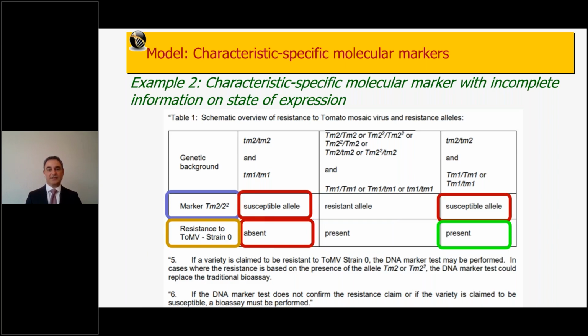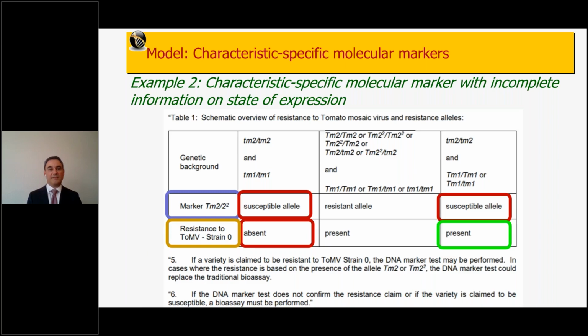Whereas in different situations where the marker is not found, the allele found is the susceptible allele, there could be resistance based on another gene, on another mechanism, as well as there could be resistance absent. So the variety could be susceptible to mosaic virus.